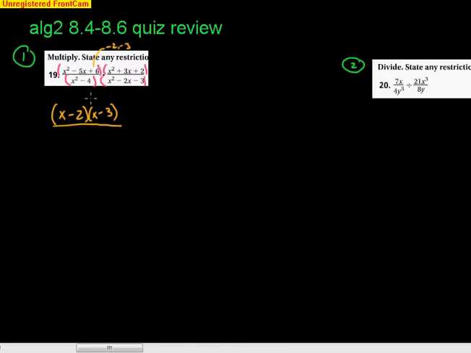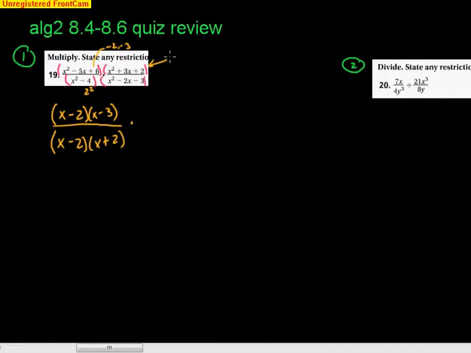Okay, the denominator is a difference of perfect squares. X squared minus 4, and 4 can be written as 2 squared. So this is (x minus 2)(x plus 2). Remember, a difference of perfect squares has the same terms, x and 2, but different signs. Times. Okay, second numerator, x squared plus 3x plus 2.